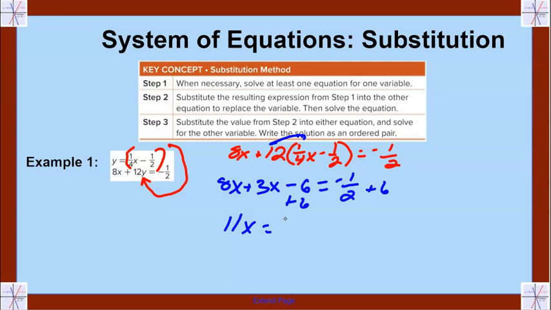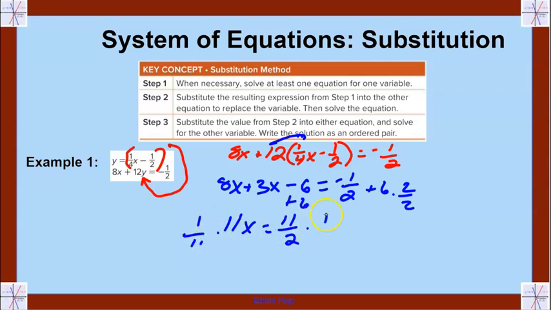plus 6. If I want to make the 6 in halves, I'm going to multiply this by 2 halves, so they have common denominators. So I have negative 1/2 plus 12 halves. So 12 minus 1 is 11. So I have 11 halves. The opposite of multiplying by 11 is dividing by 11, or I can think of it as multiplying by 1/11.